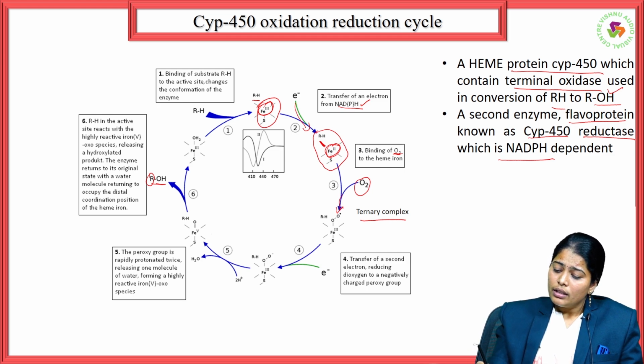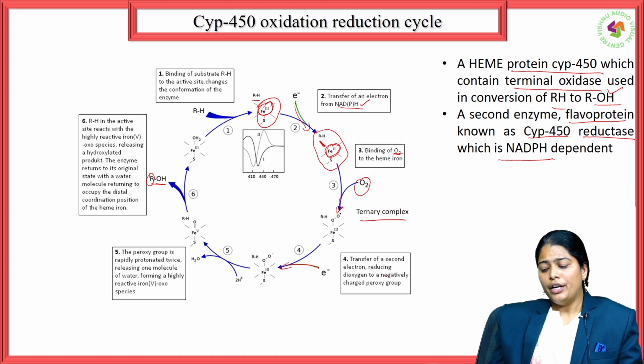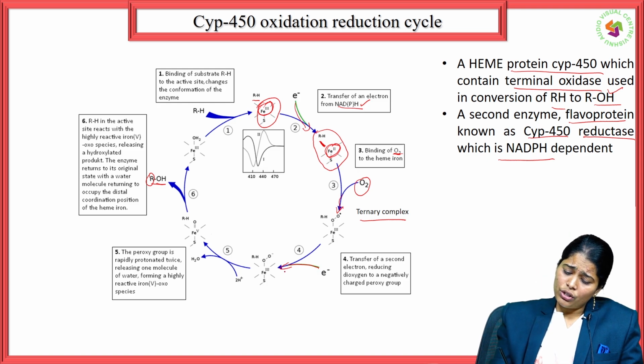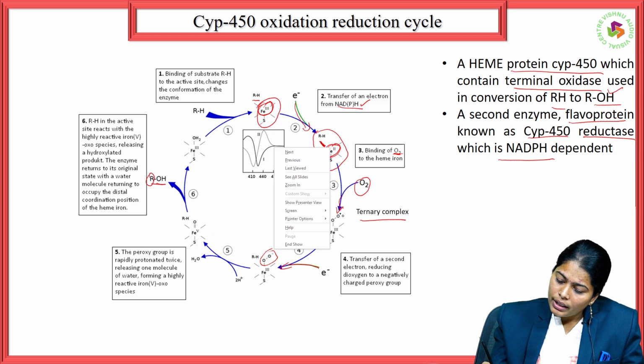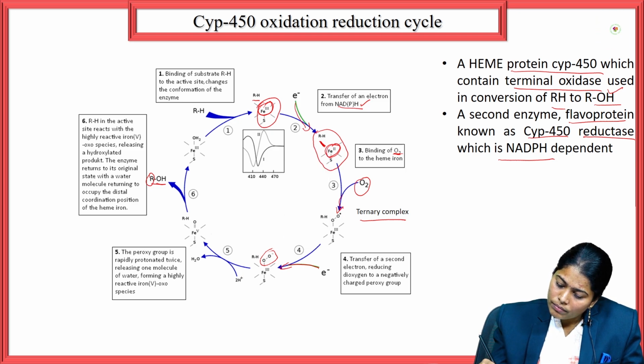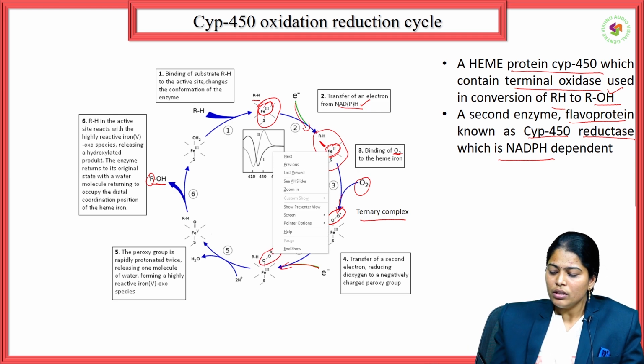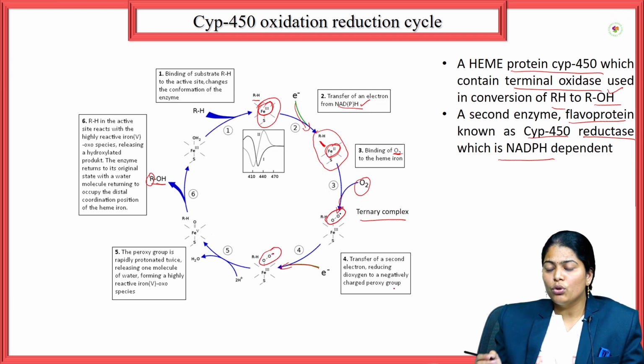So after that, again one more electron, so the transfer of a second electron reducing dioxygen to a negatively charged peroxy group. So by the addition of another electron, this oxygen, see here there is no charge. By the addition of electron, it is converted into negatively charged, which is a peroxy group.